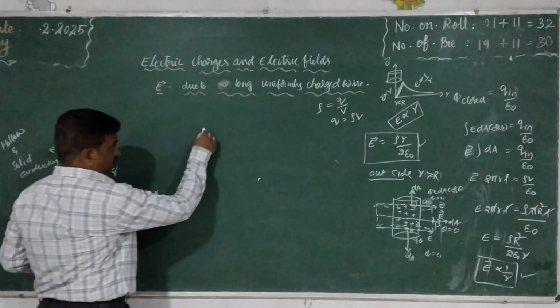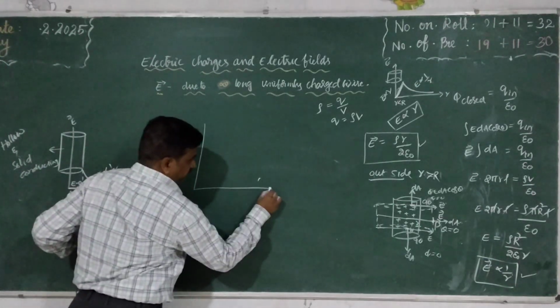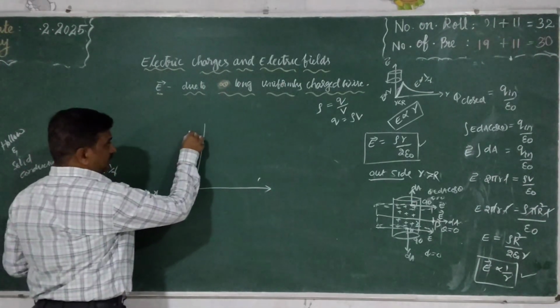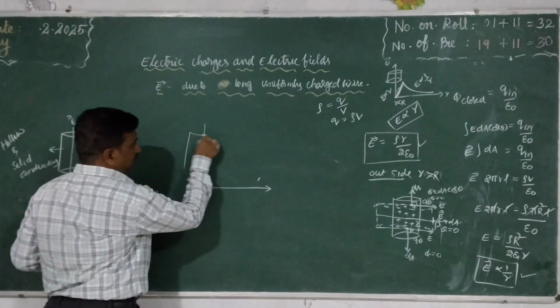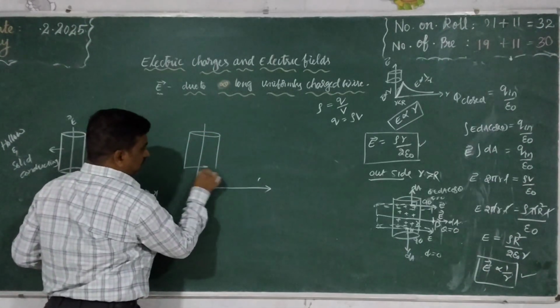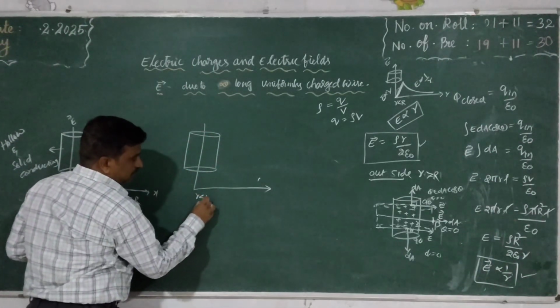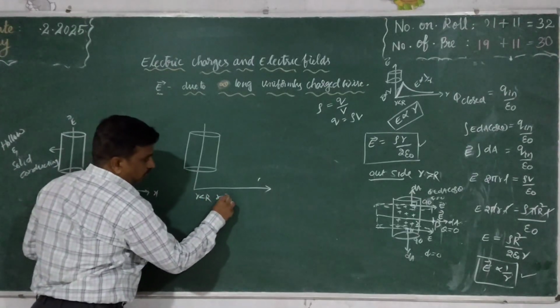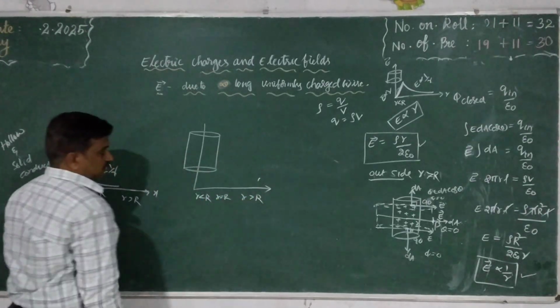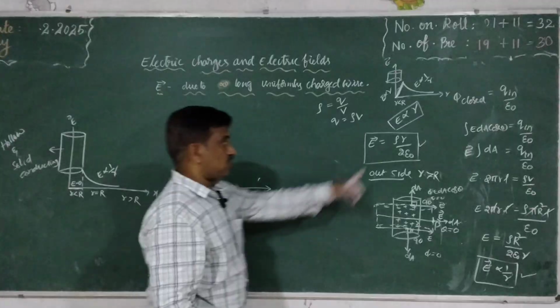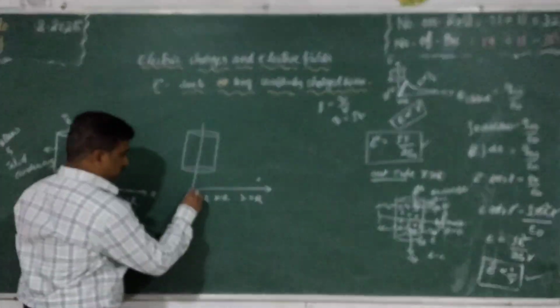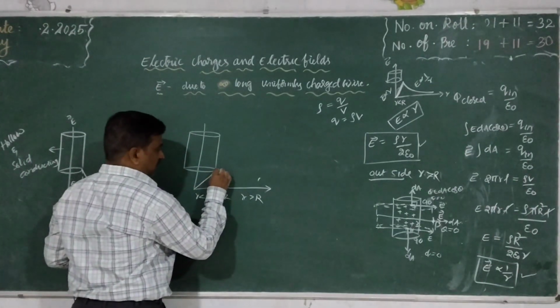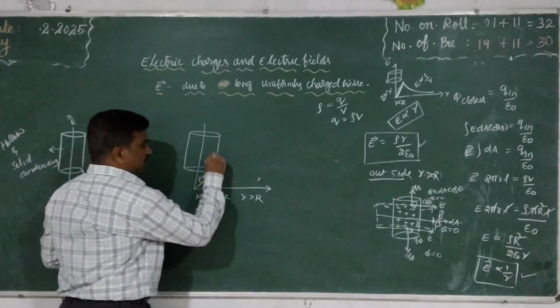For example, this is the non-conducting cylinder. It is R less than R, R equal to R, R greater than R. For R less than capital R, we discussed E proportional to R, so from center up to the surface the electric field increases.